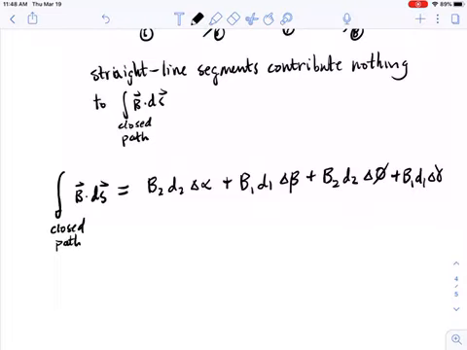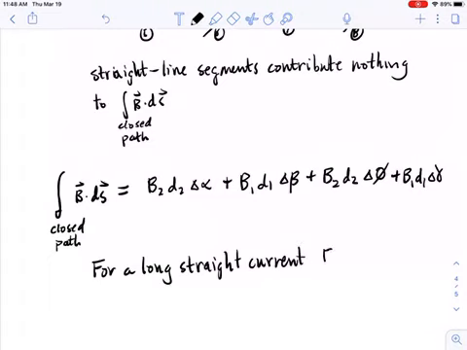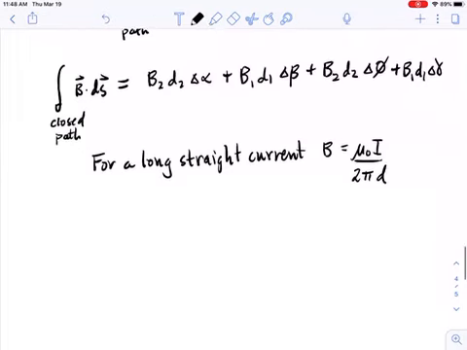Now for a long straight wire, or let's say a long straight current, let's remind ourselves what B was. It was mu naught I over 2 pi times D. So the B1s have a D1 and the B2s have a D2. That means B times D is just mu naught I over 2 pi.